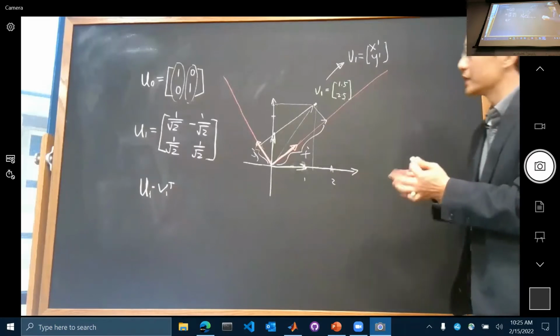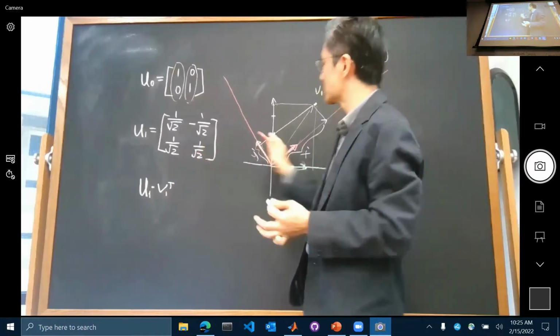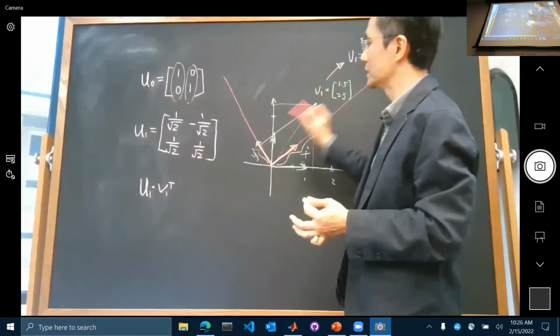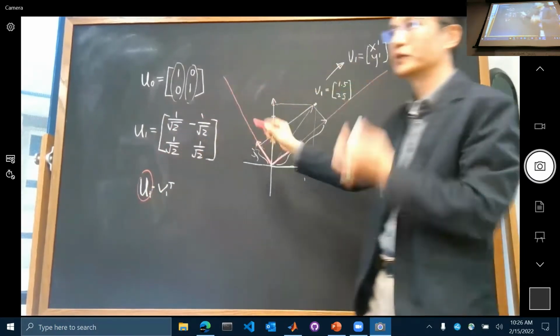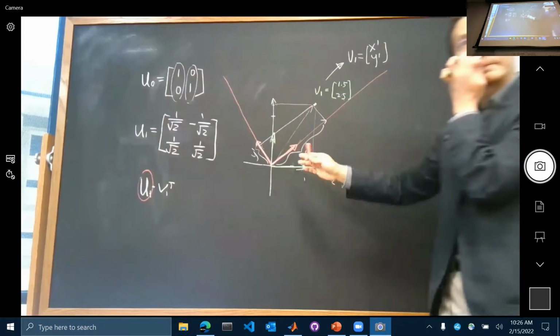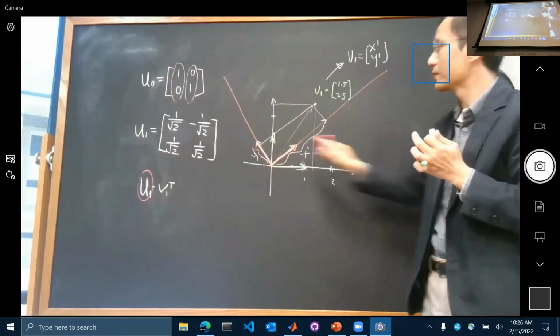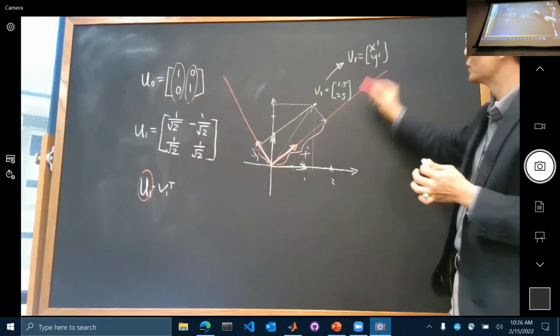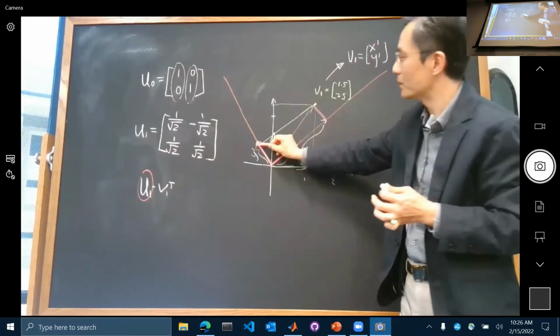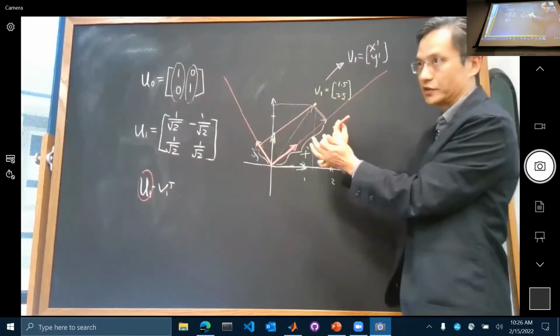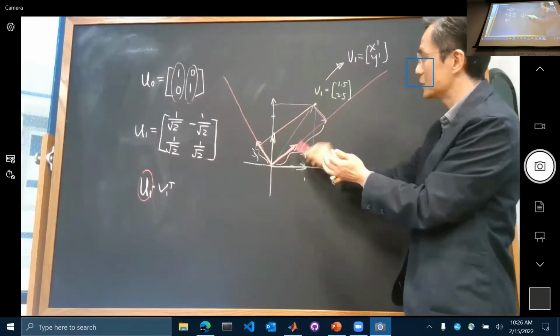However, if I multiply this original point with my new coordinate system matrix, I will get the value from the viewpoint of my new coordinate system, and that's the length of here.